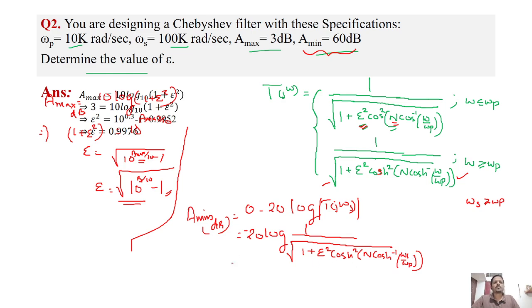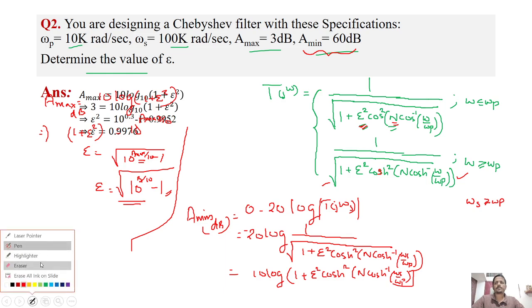Again, I can bring minus 1 by 2 outside, so I will get 10 log of this term, 1 plus epsilon square cosh square, and cosh inverse of omega s by omega p. Okay, let me rub this part.